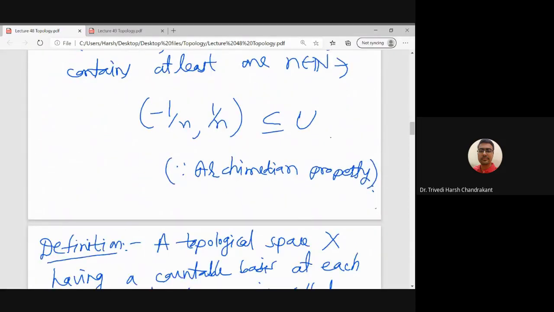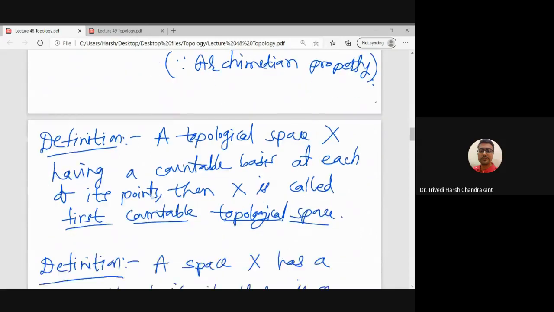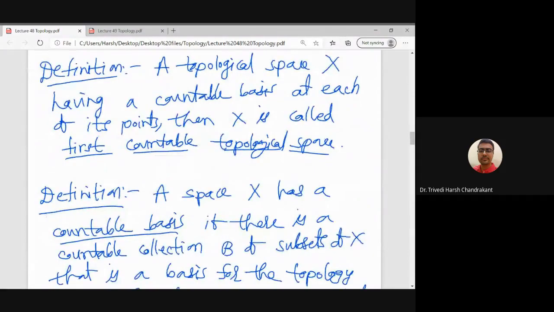Around x we take the neighborhood of radius 1 upon n, that means the open intervals of radius 1 upon n. Then every open set U containing x has at least one basis element in between x and U. So x is contained in that basis element, which is contained in U. That means the set of real numbers is first countable.